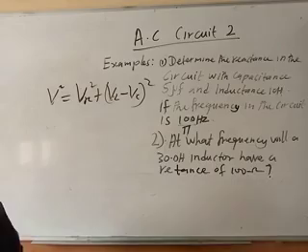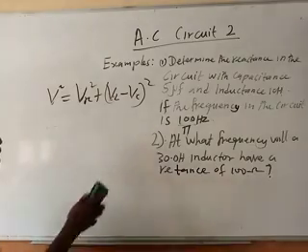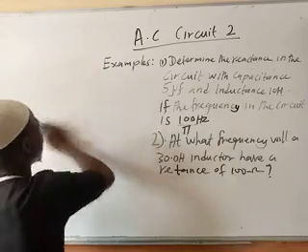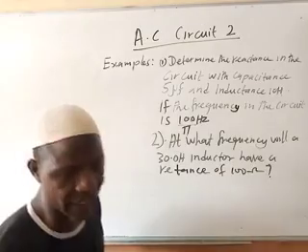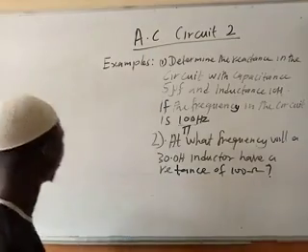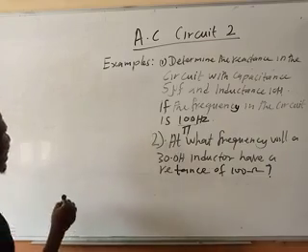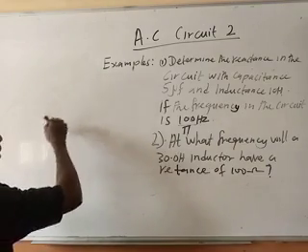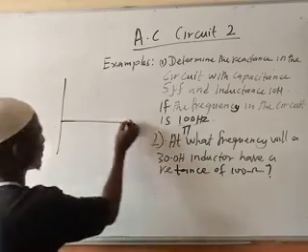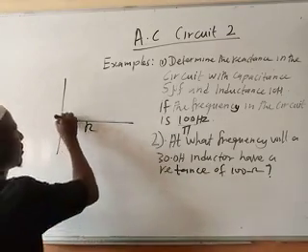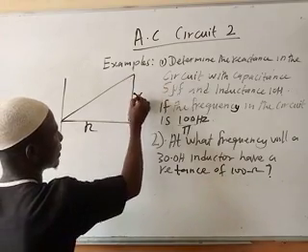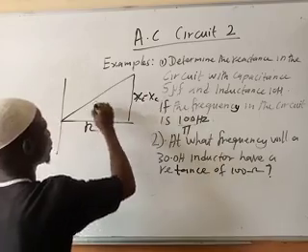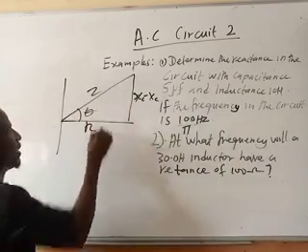Let's go to the phase angle. You may be asked to calculate the phase angle. They mean the angle between the impedance and the resistor. Have it like this. This one is R. Then this one is XL minus XC. So this is impedance. This is what they call phase angle.